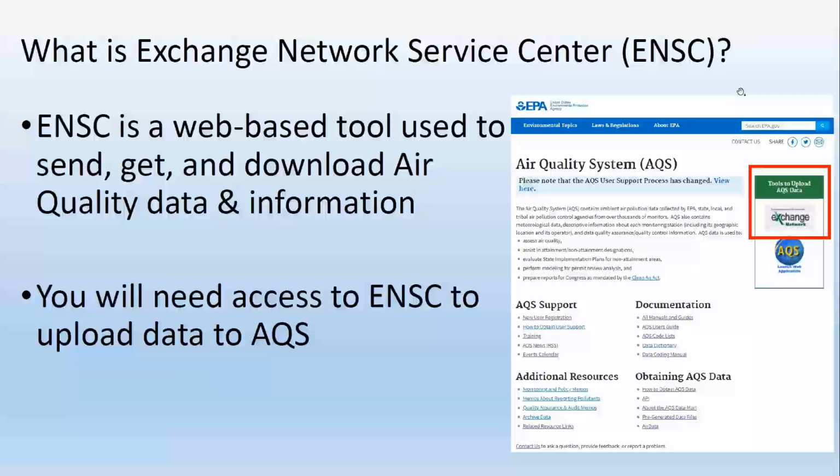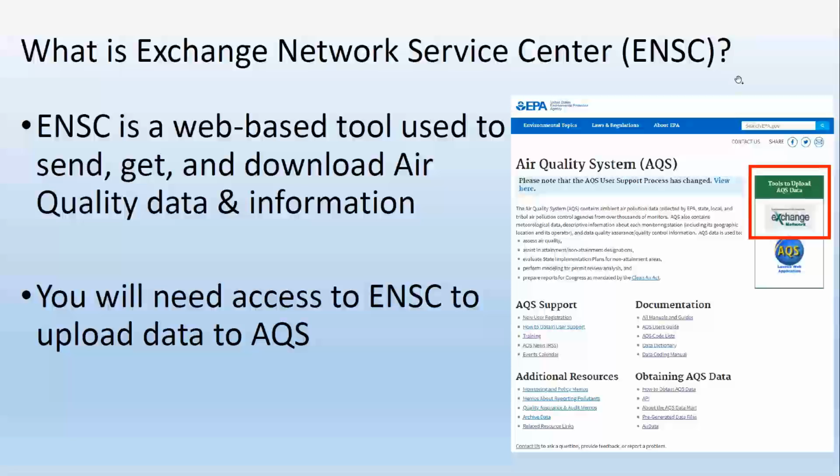The Exchange Network Service Center, that's the other button on the AQS web page. ENSC, as it says, is a web-based tool. This is where you can send, retrieve or download AQS data and information. The files that you get, you'll need access to that to upload data to AQS.